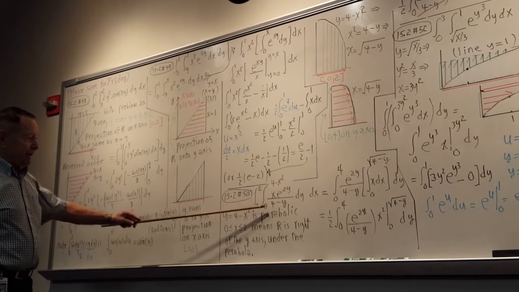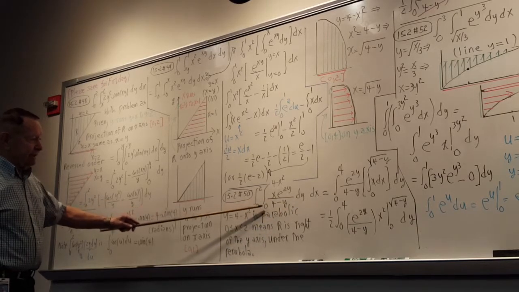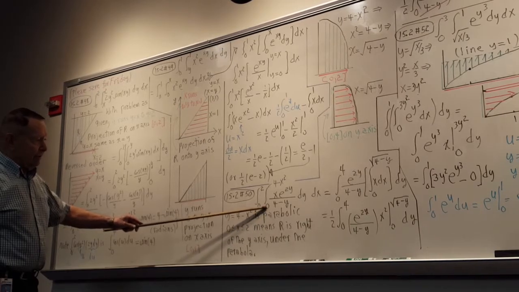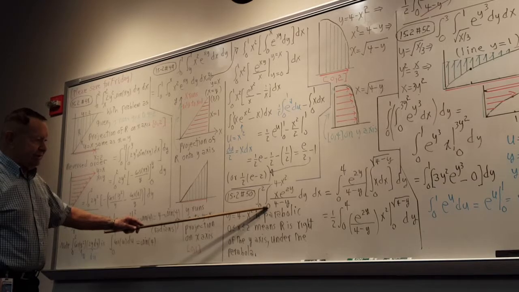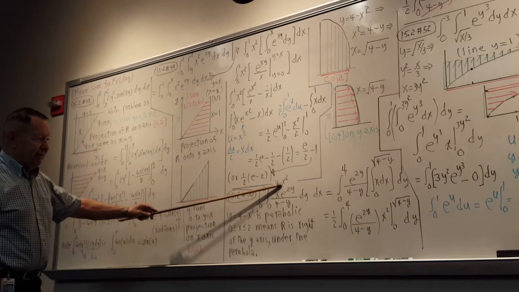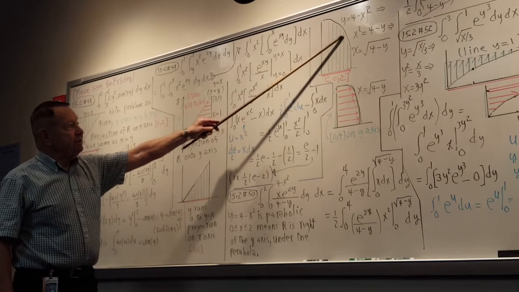So if you look at this one, your region is defined by y's or vertical arrows, say all beginning on the x-axis at y equals 0, and all ending on the curve y equals 4 minus x squared, which is parabolic.